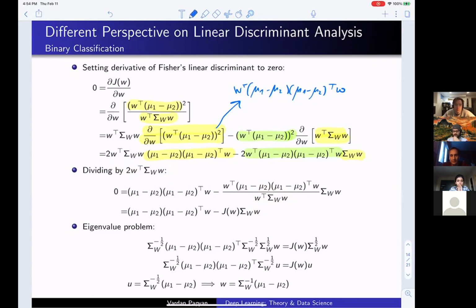Now, notice that this quantity right here is by definition equal to J, right?